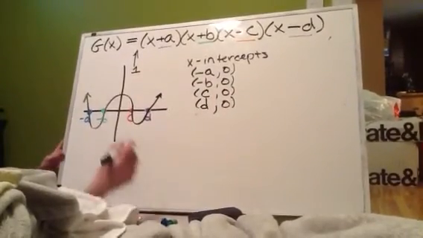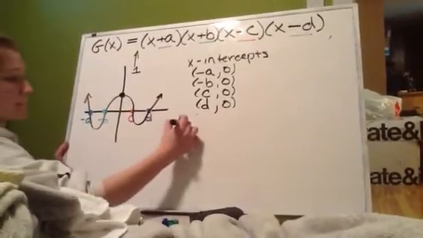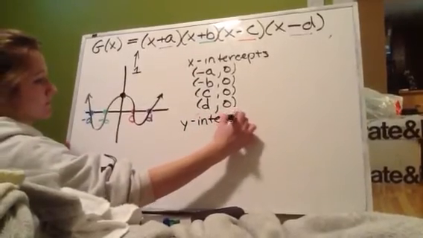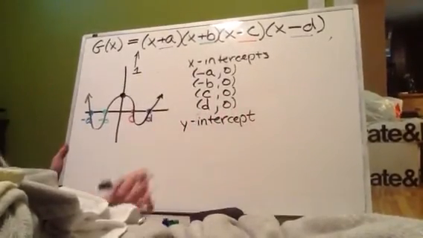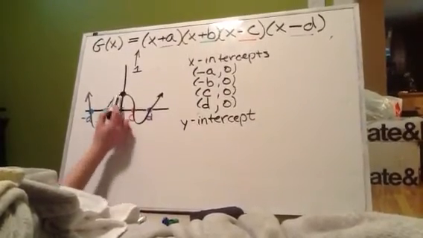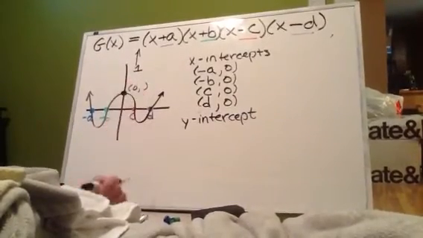Now my y-intercept, I see that it's crossing the y-axis right here. But this one's a little bit tricky because I don't know where that is exactly. But on my y-intercept, right here, I do know that the x value right here is 0.